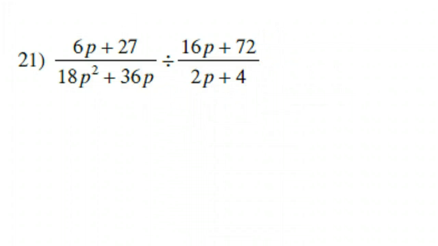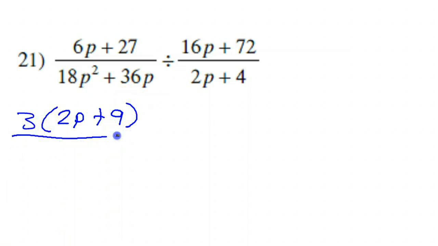Okay, number 21. In the numerator here, 27 is divisible by 3. So I see a GCF of 3 up there. So that's going to be 2p plus 9. Now here I see a GCF of 18p. That's going to leave behind p plus 2. 18 times 2 is 36.